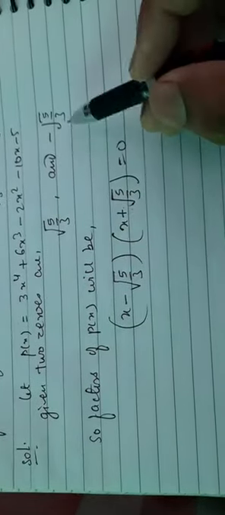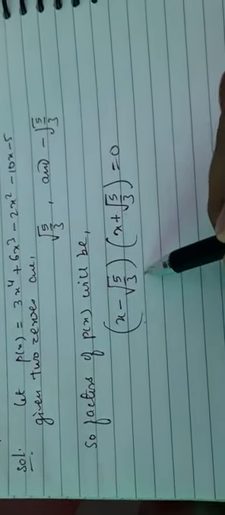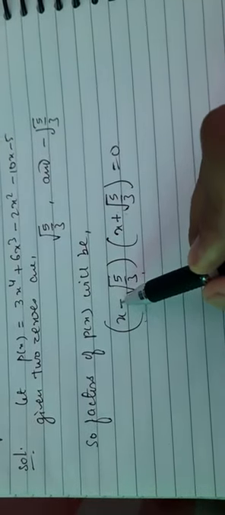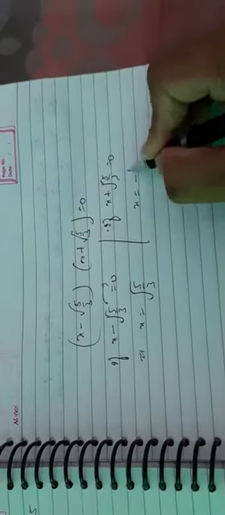Why are we taking the opposite sign here, why not plus here and minus there? Because when we set this part equal to 0, the x value will be positive √(5/3). For example, if we take x - √(5/3) = 0 and x + √(5/3) = 0, then we get the same values of x. In the first, the term goes to the other side and becomes positive, and here the x value will be -√(5/3).